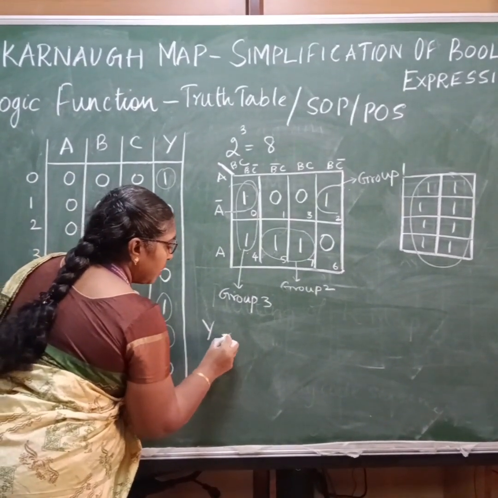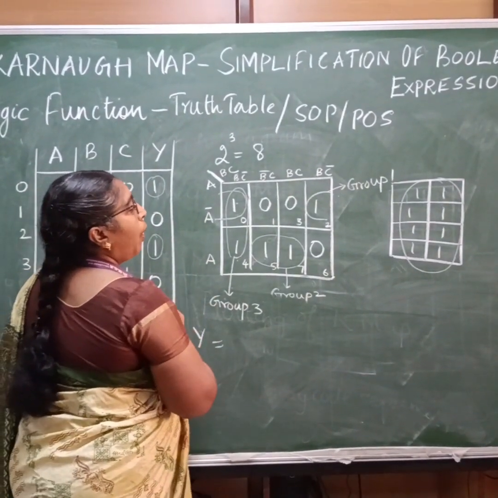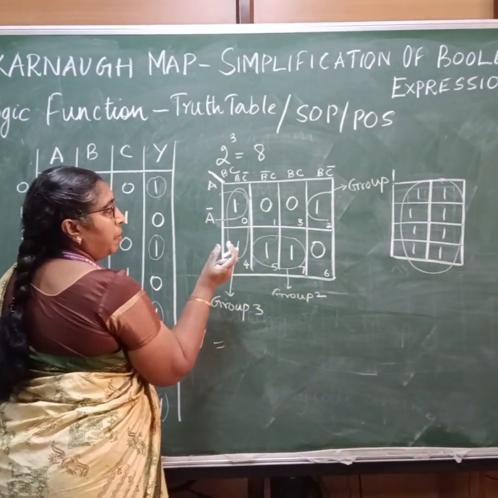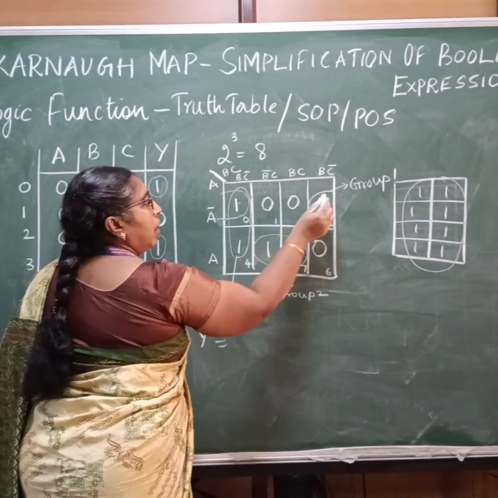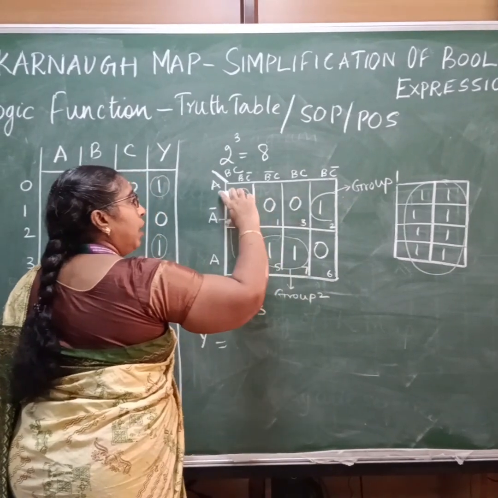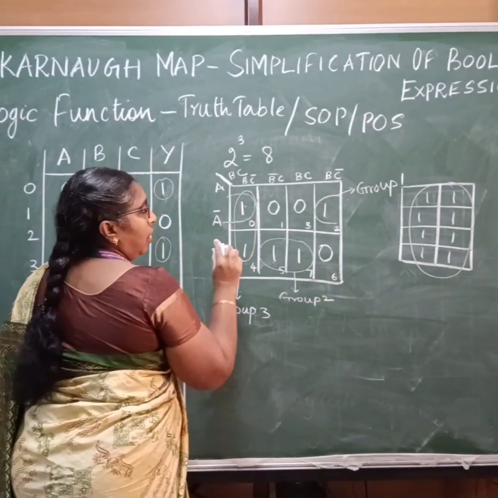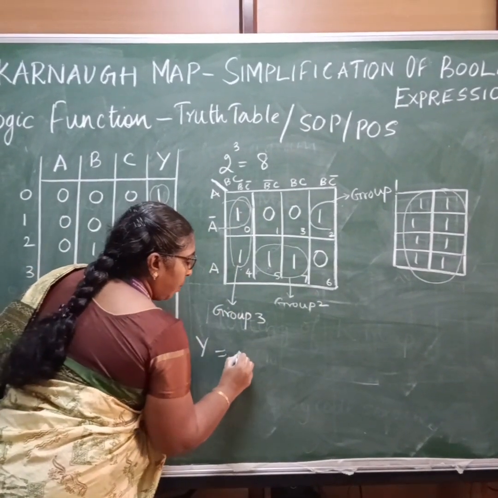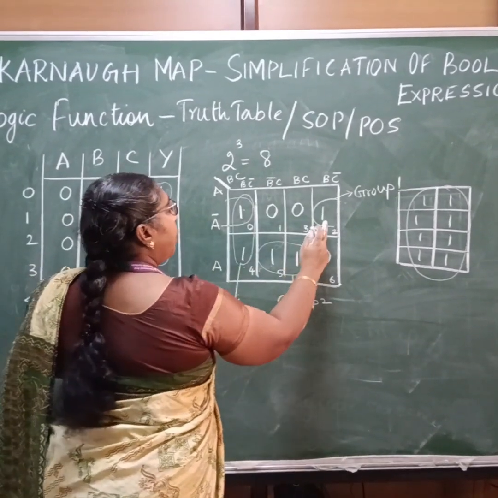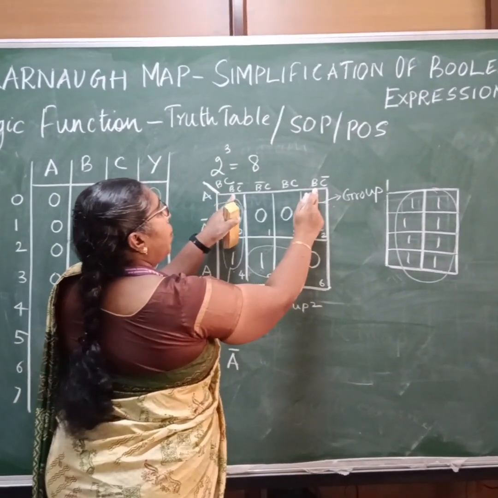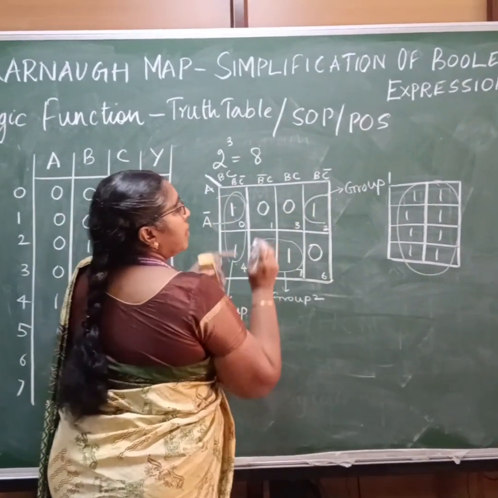Your output is expressed as y equals, so how are you going to write the expression? Each term is, so this is your group 1. Take it horizontally: what is common for both the cells? It is A bar. When you take it vertically, what is common? C bar is common.